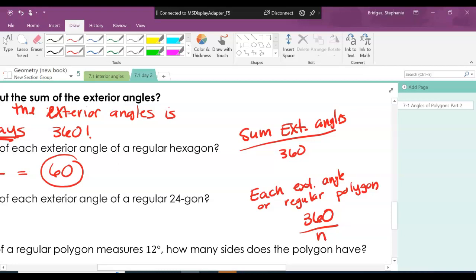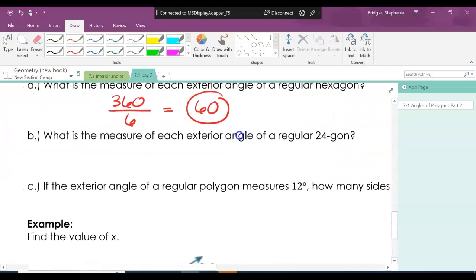So, very similar to what we did in A, I want you to try B. It says, what is the measure of each exterior angle of a regular 24-gon? If I want the sum, it's 360. If I want just one of them, which is what it means when I say each, then I use 360 divided by the number of sides. How many sides does the 24-gon have?